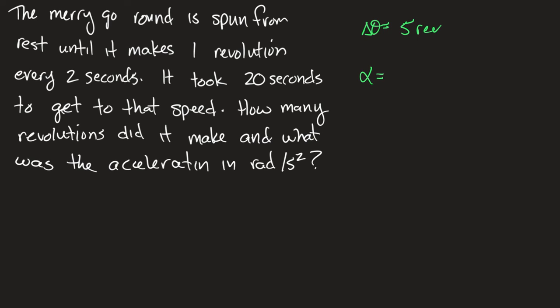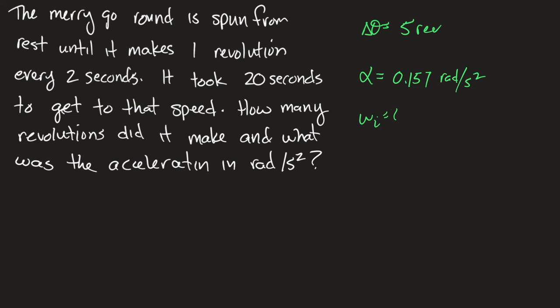Hold on. I got 0.157 radians per second squared. That's what I have. Yep. I make mistakes, but I don't think so.